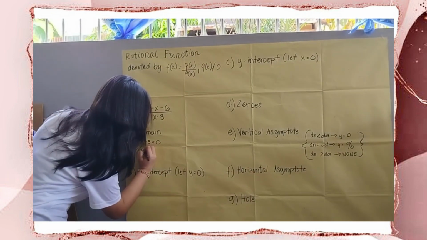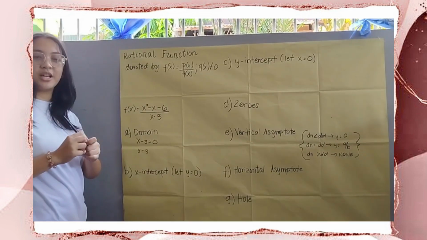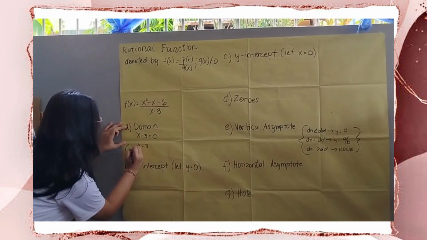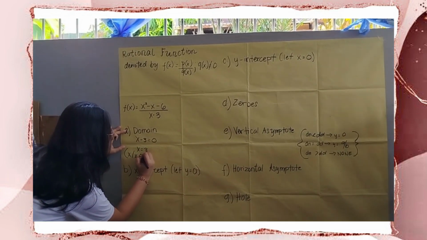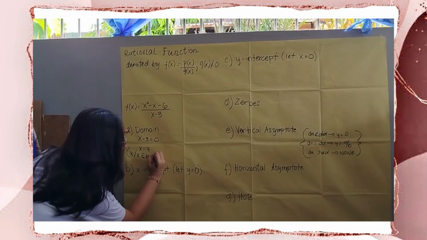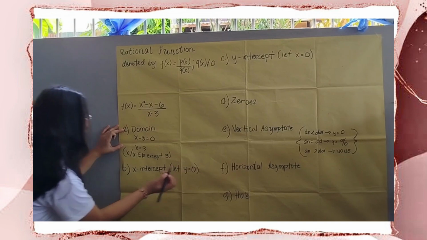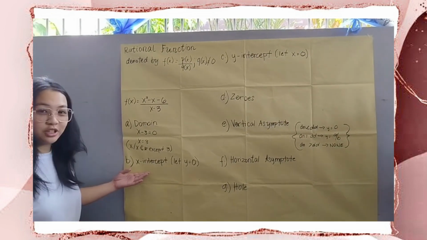So, x is equal to positive 3. Ang mangyayari dyan, x such that x is an element of the real numbers except positive 3.